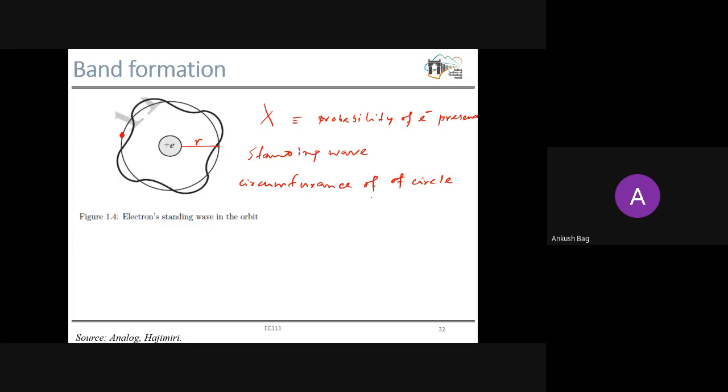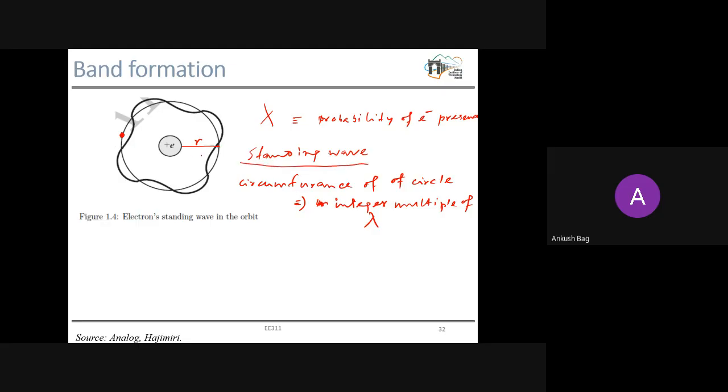When this condition is satisfied, then only we'll get this standing wave.